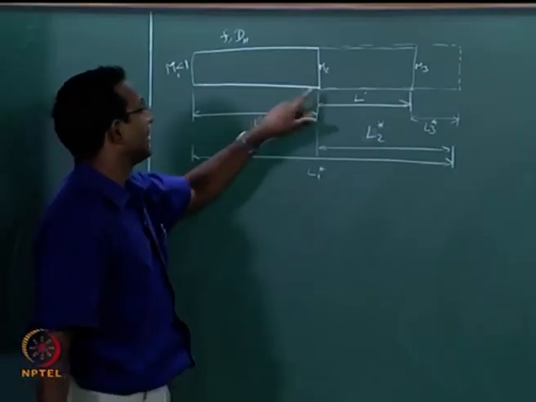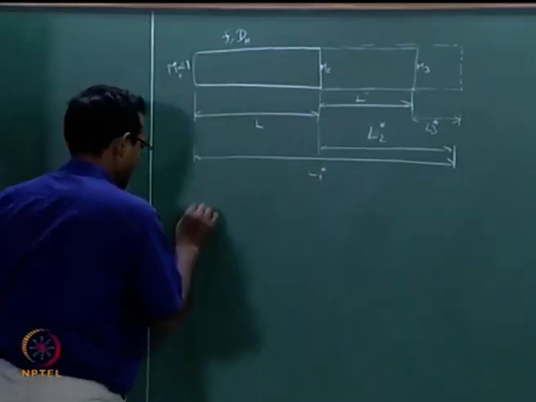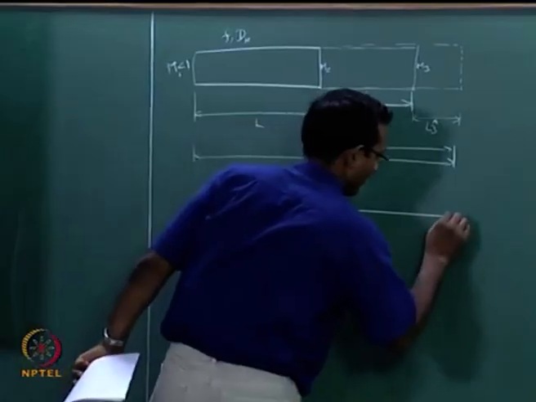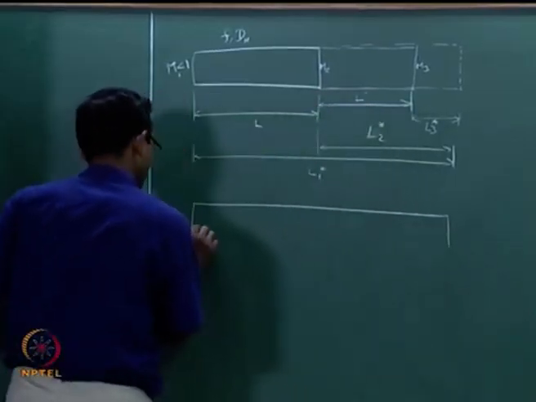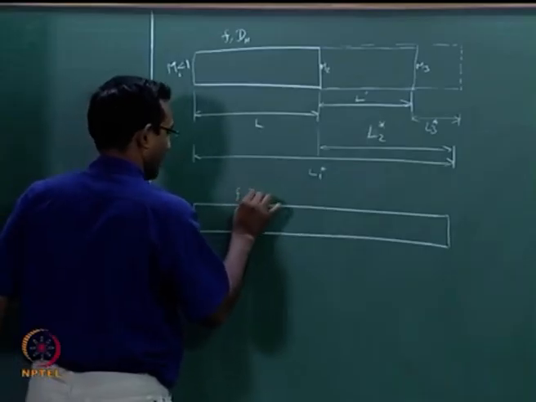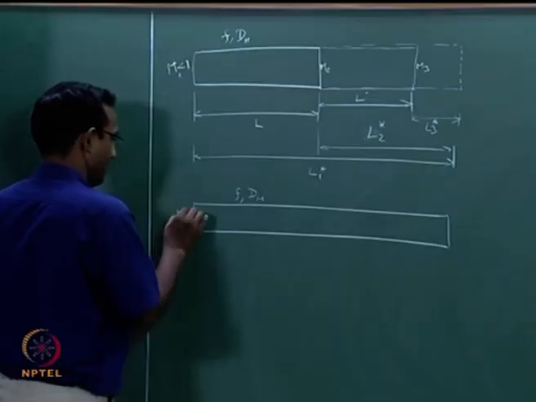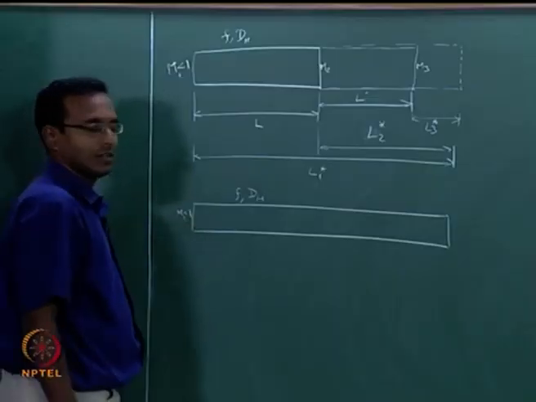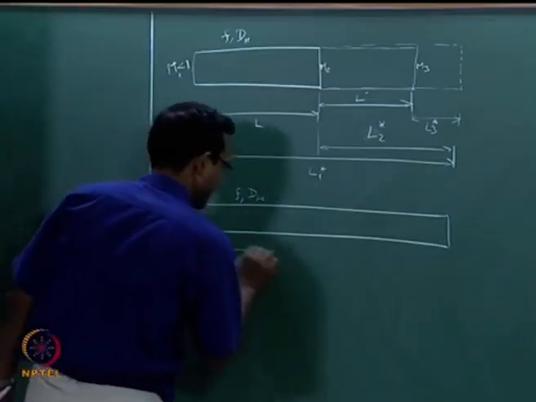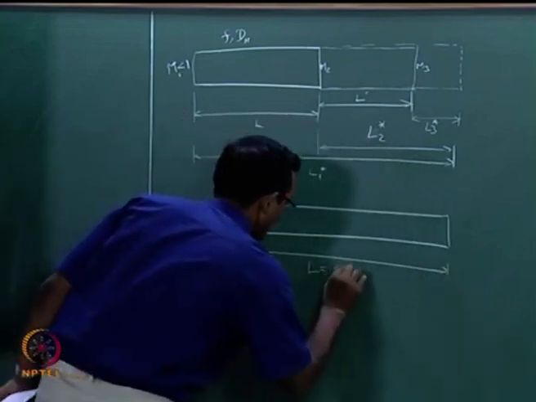If the length of my duct is exactly equal to L star, then that is the simplest case you can ever have. I have a duct, f and dh are given, and I am going to say some M1 less than 1, and this length L equal to L star.